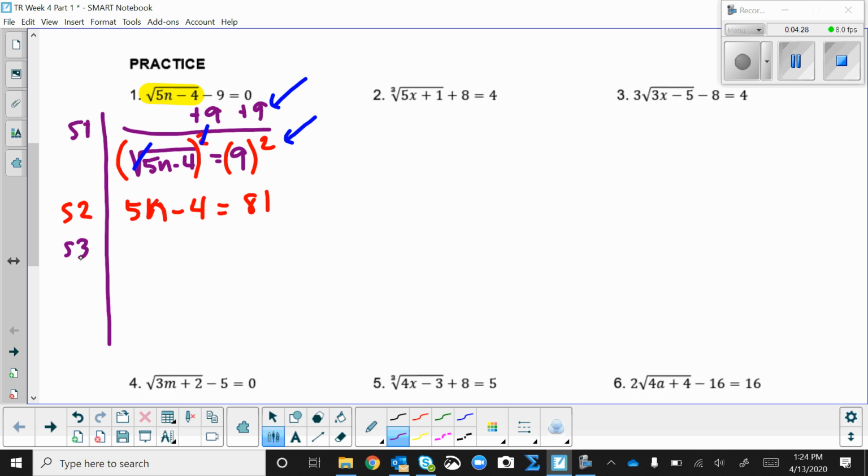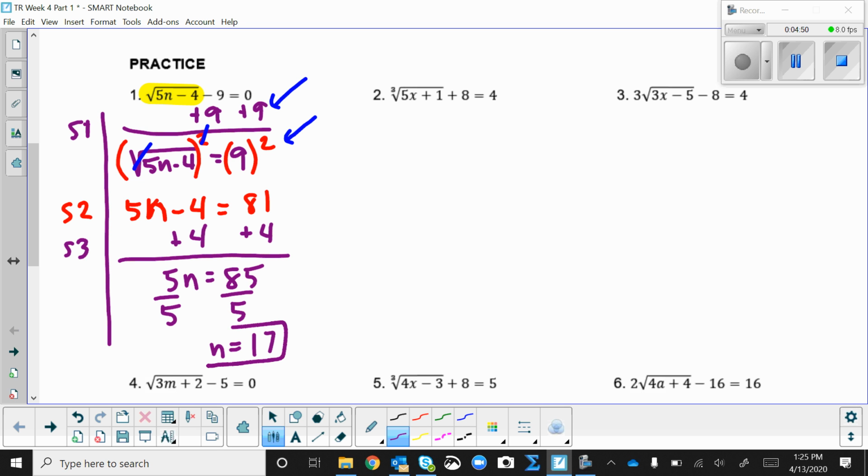Good, the minus 4. I say good, like I'm sure you have the right answer, because I am. I'm sure you have the right answer. So the 4's cancel, leaving me 5n equals 85. And then we divide by 5. 5 goes into 8 one time with a remainder of 3, and into 35 is 7.